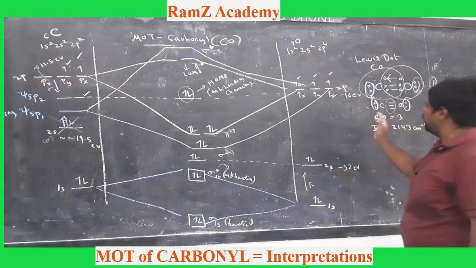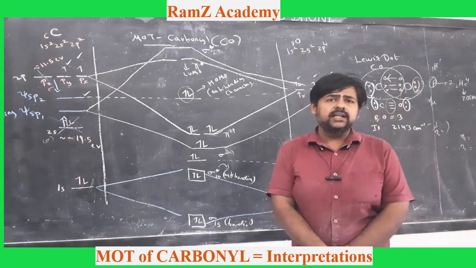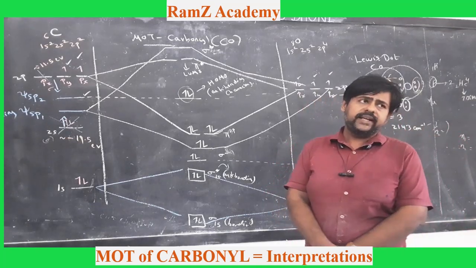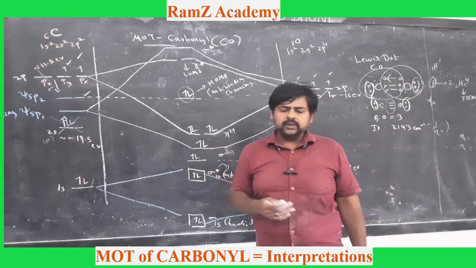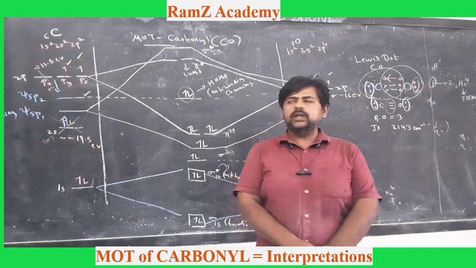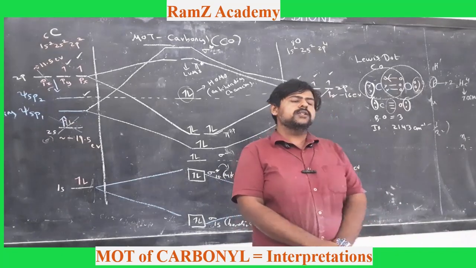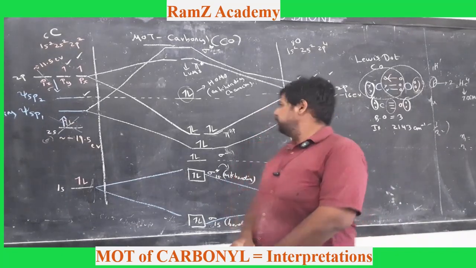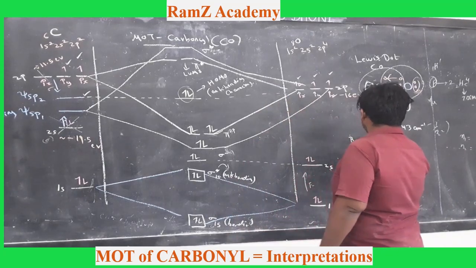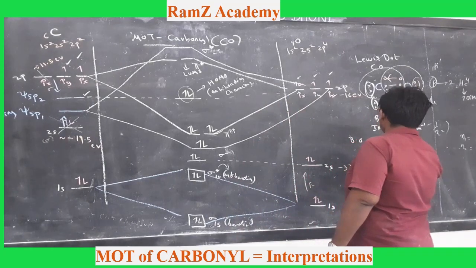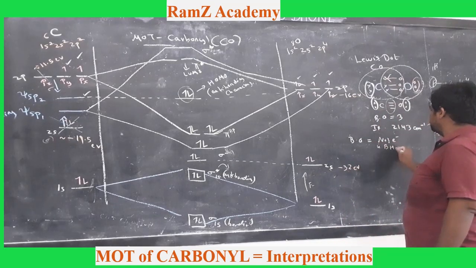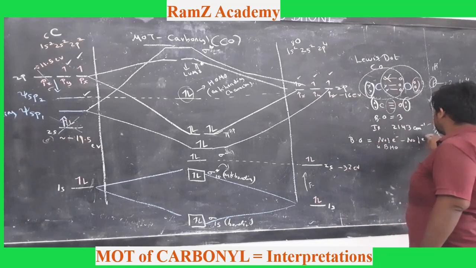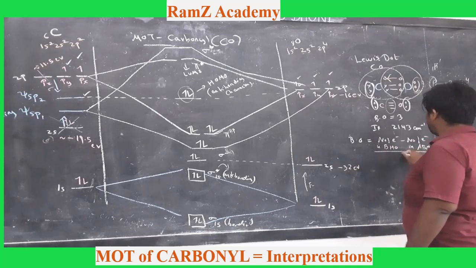let us see how we get a bond order less than 3 when calculated experimentally. The reason is that whenever I try to put an electron in the anti-bonding orbitals, my bond order is going to decrease, because if you recollect, your bond order is nothing but the number of electrons in the bonding molecular orbitals minus the number of electrons present in anti-bonding molecular orbitals, divided by 2.